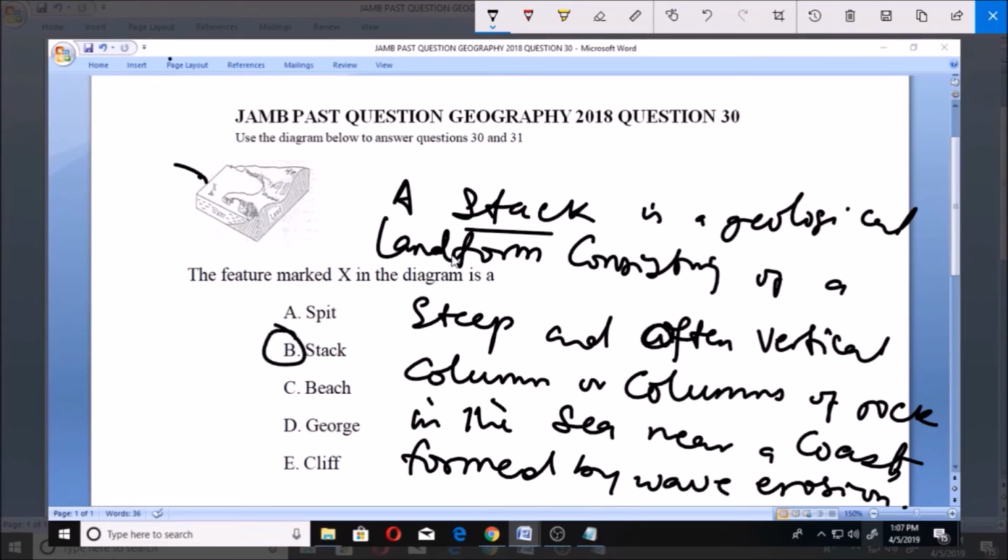It falls within this definition and shape. When you check through the textbook, you're going to find out that the shape represented in this landform is what a stack is also represented as. So we say that a stack is a geological landform consisting of a steep and often vertical column or columns of rocks in the sea near a coast, and it is formed by wave erosion. And that is why option B is the right answer. Thank you.